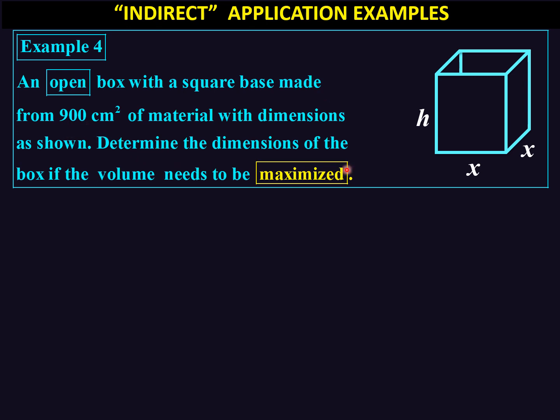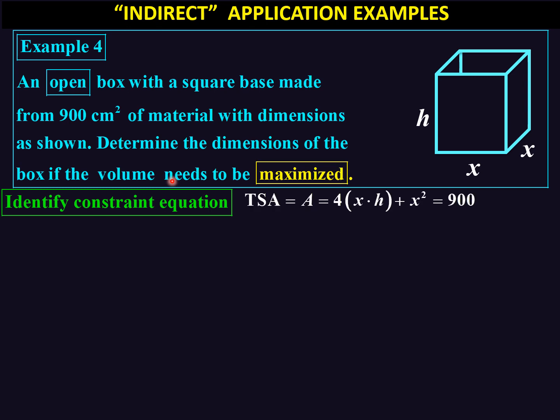So the 900 square centimeters would be the surface area of the box. How many surfaces do we have here? That's correct, 5, because we don't have a top. What's the objective here? We want to maximize the volume. What is given? The surface area. How many surfaces? 5: 4 on the sides and a square in the base.